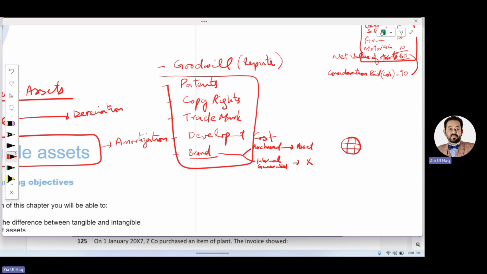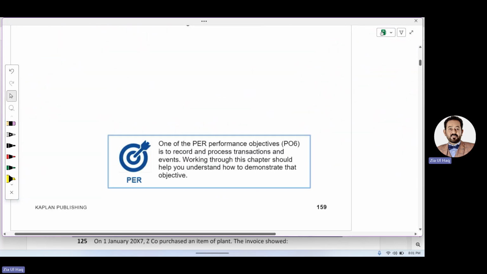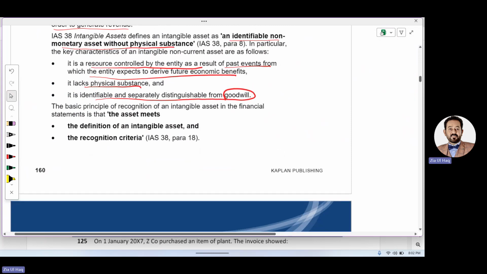We cannot estimate the life of our business repute. That's why goodwill is a separate type of intangible asset, meaning that it will not be amortized. All other intangible assets should be amortized. That's why it says other than goodwill. So it is identifiable and separately distinguishable from goodwill because goodwill will not be amortized.